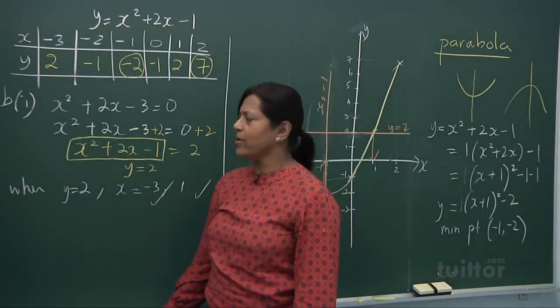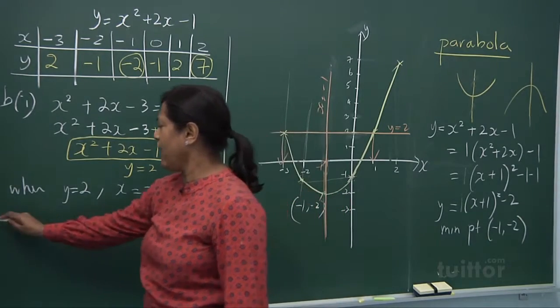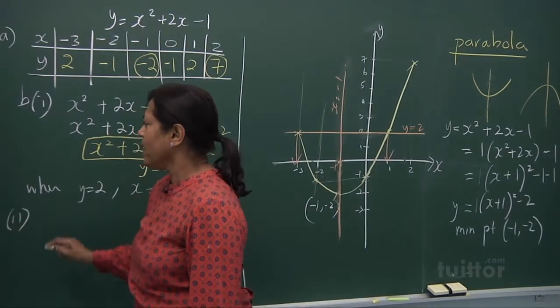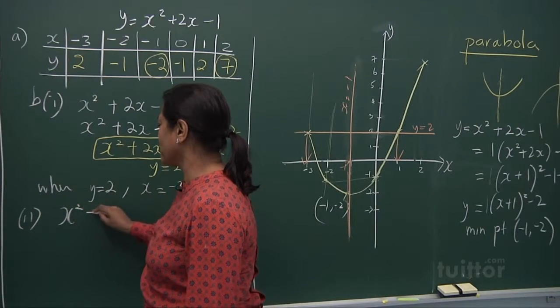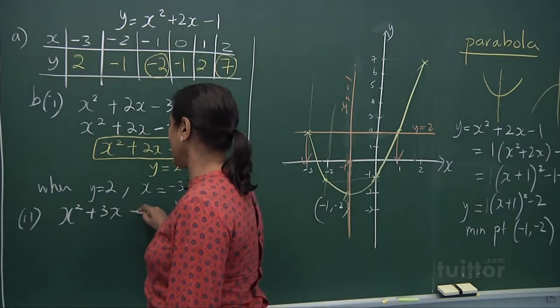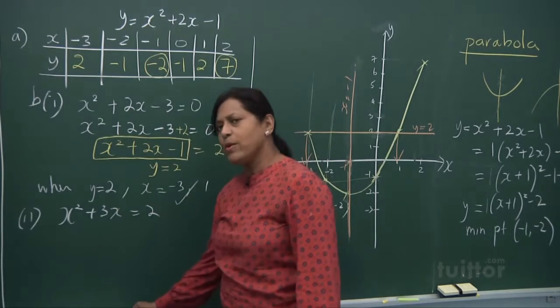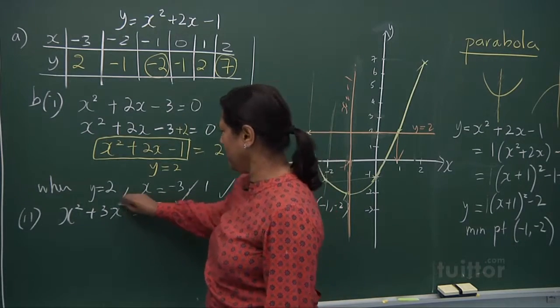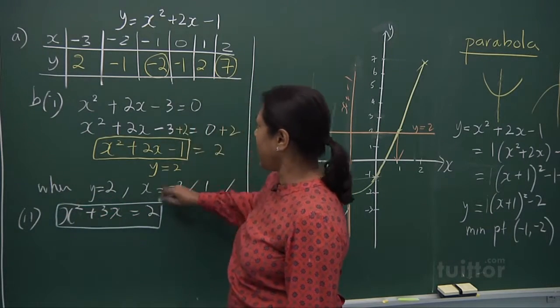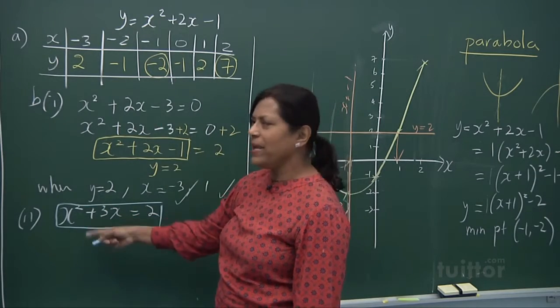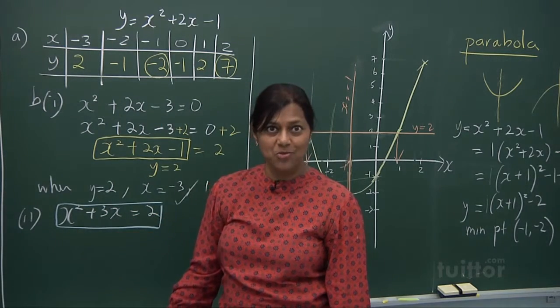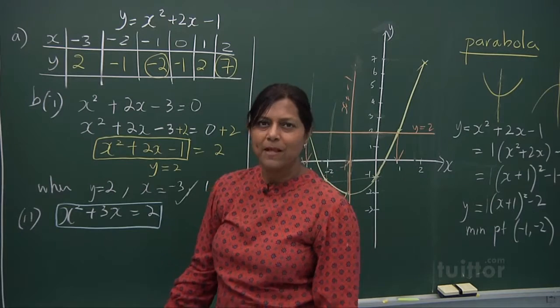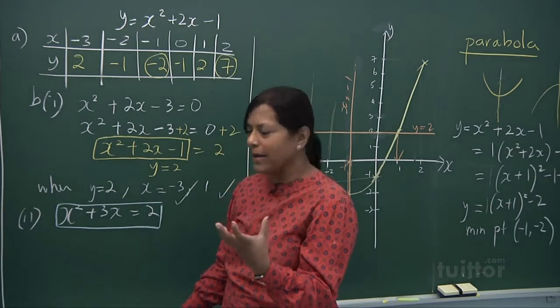Now the second question, what is it? They tell you, x squared plus 3x is equal to 2. When you look at this, you say, that's not y. We have to do a surgery to get y. The birth of y.